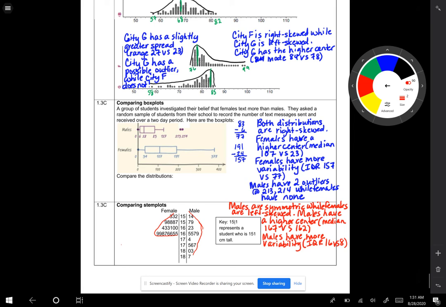And lastly, both have no outliers. And what I did was after I entered in the data, I looked at the box plot and noticed that did not have any outliers. And that is it for chapter 1. Have a great day, stat students.